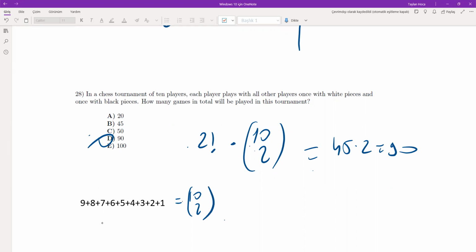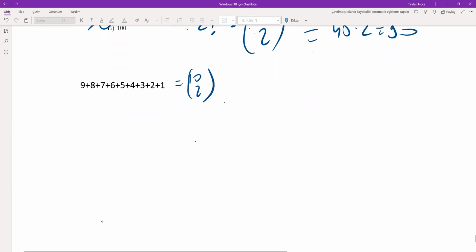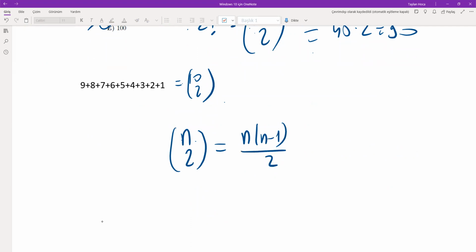Yes. Okay, so theoretically, I'm gonna prove your point. And 2 combination means n times n minus 1 over 2, okay? And your point is, you say that n, 2 combination, because of your great reasoning, is the summation from 1 to n minus 1.